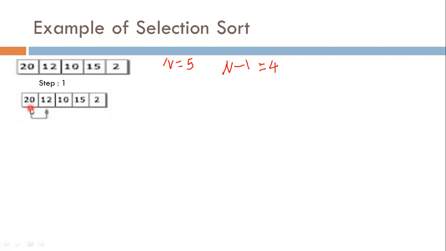So in step number 1, first start the comparison with the next element, after 20, which is 12. The comparison between 20 and 12 is made and we arrange these two elements in order. So 12 is swapped with 20. After that, in the next step we get 12, 20, 10, 15 and 2.